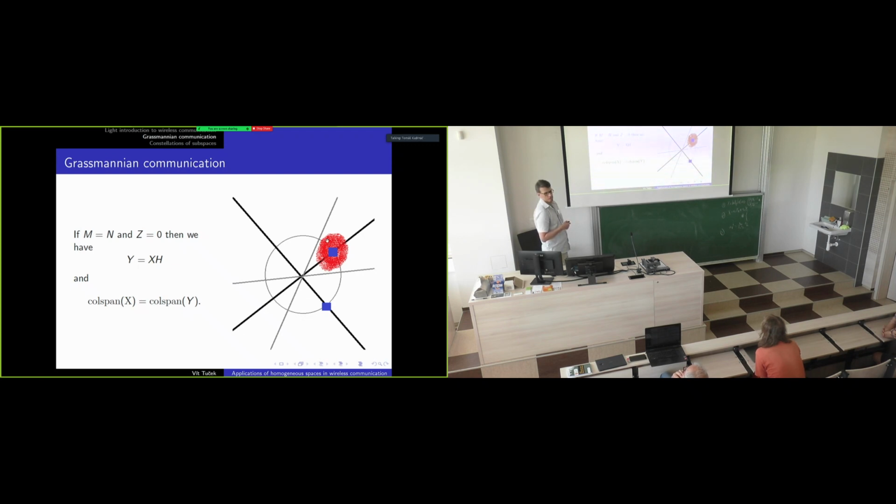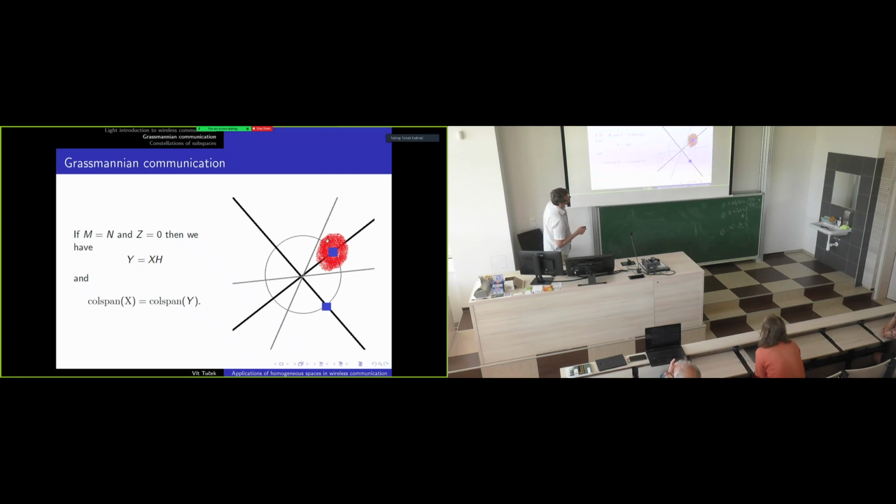So that's the noise model. And we see that Y and X have the same space generated by their columns. Right? So if the number of antennas is smaller than T, the so-called coherence time, we can actually use this idea of column spaces of these matrices to send the information.